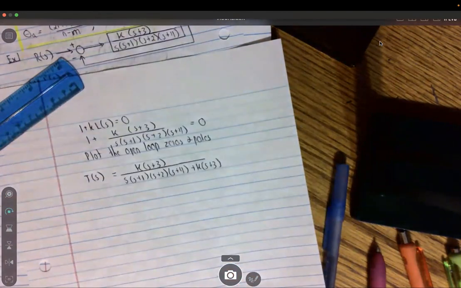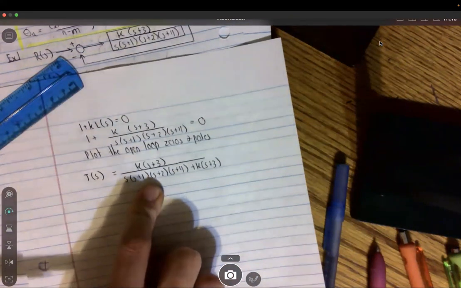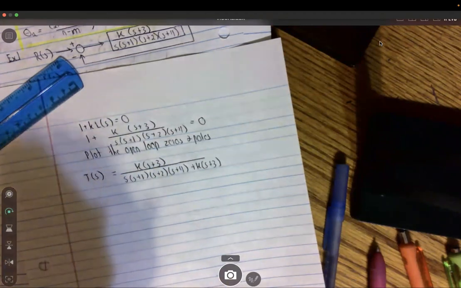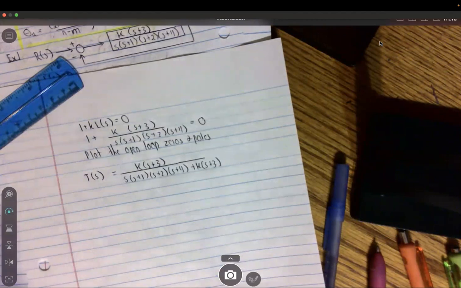And so notice when you have to determine the j omega axis crossing, you switch over to the closed loop system. To determine the stability, remember, we look at our denominator. The Routh-Hurwitz criterion determines stability, and the number of sign changes means how many poles you have in the right half plane versus the left half plane.